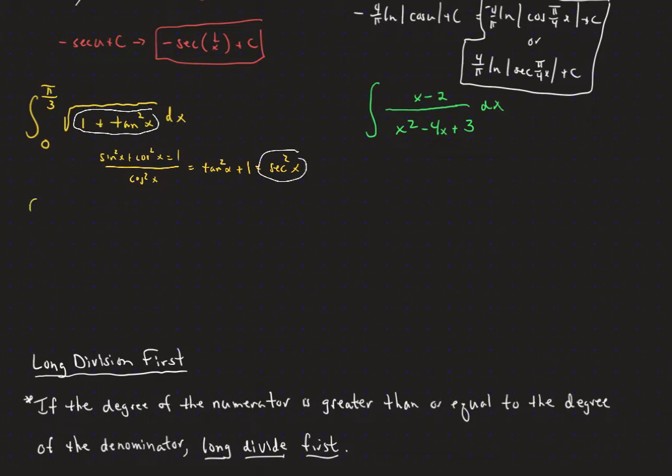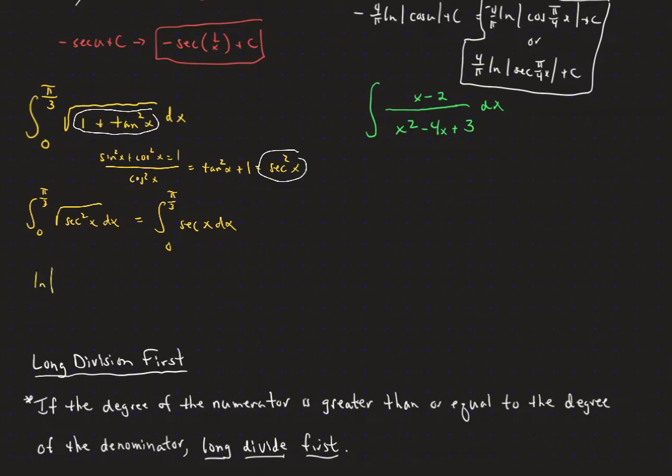So this is going to become the integral of the square root of secant squared x, but that's nice because the square root of secant squared x is going to be secant. Technically it would be the absolute value of secant x, but remember between 0 and pi over 3 everything's going to be positive, so we can call that just the integral from 0 to pi over 3 of secant x.